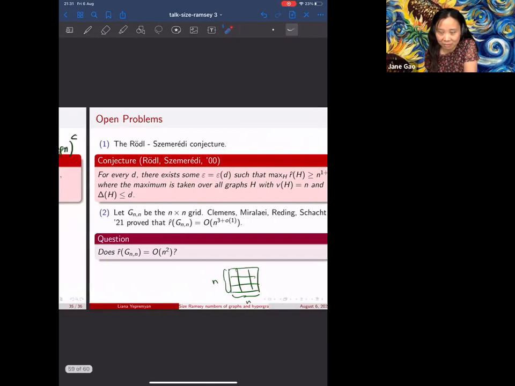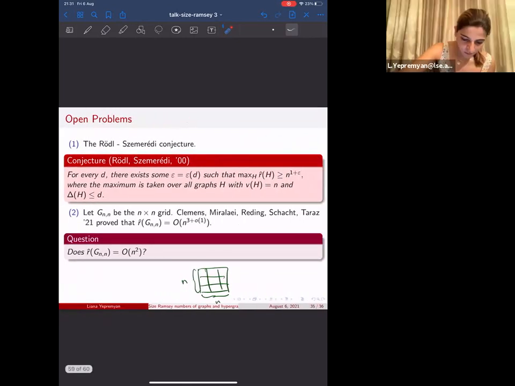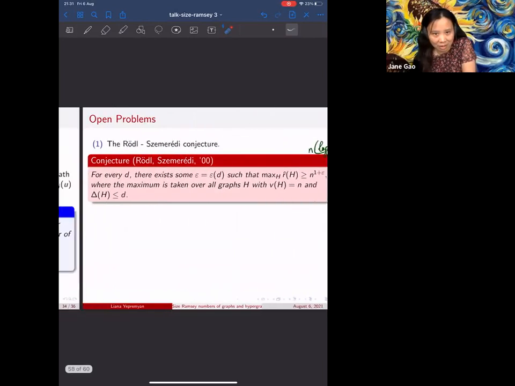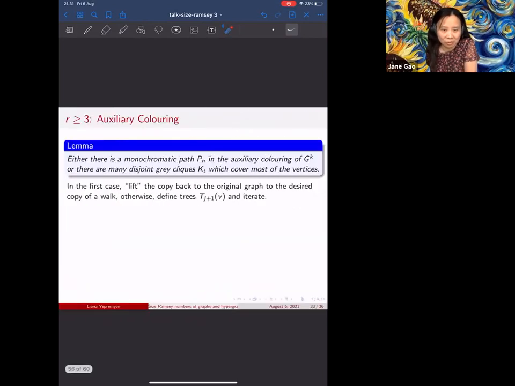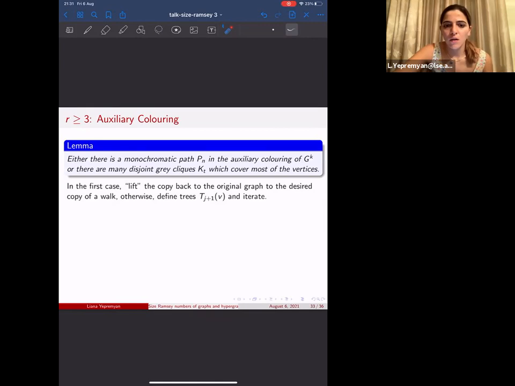Did people try to do a similar kind of thing for, say, cycle or tree bounds for the constant coefficient with n? Do you know if people ever tried to do that?